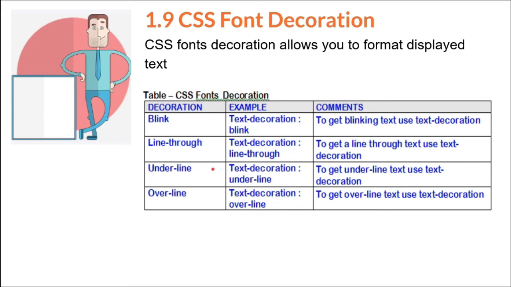If you want to underline your text to highlight it in some way, for example, it may be a hyperlink, you can use text-decoration: underline. Overline applies a line to the top of your text, similar to underline but at the top. Use text-decoration: overline to get overline text decoration.